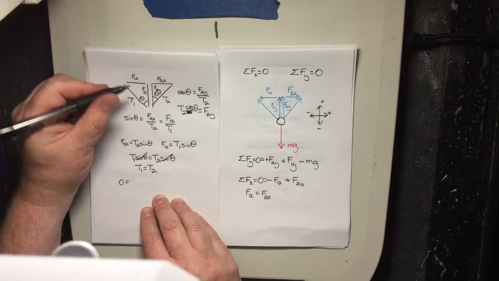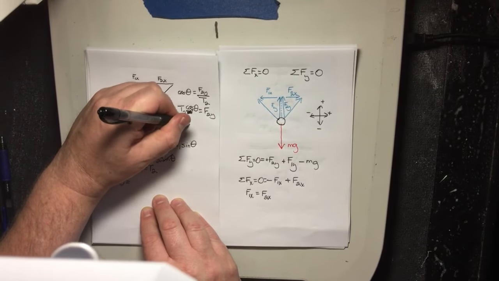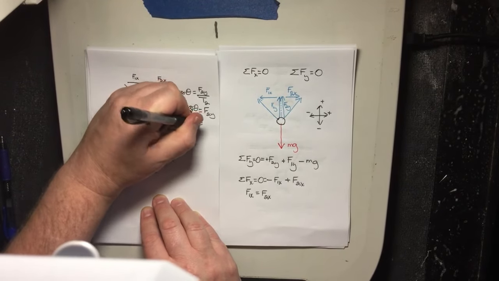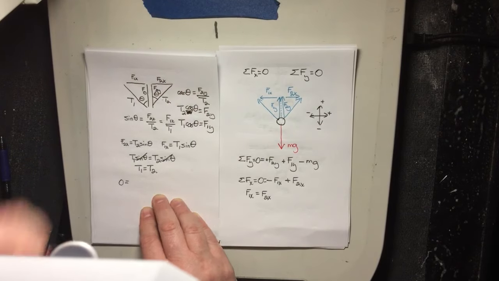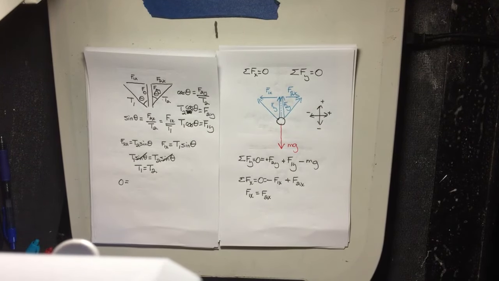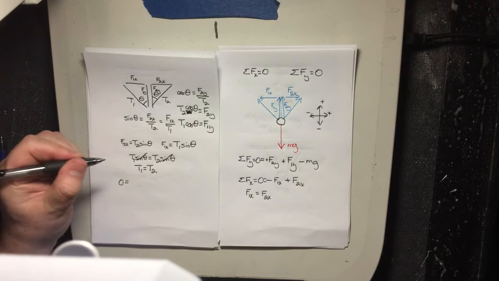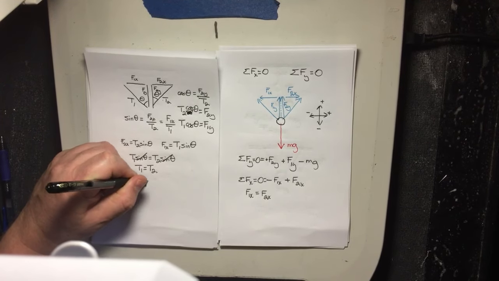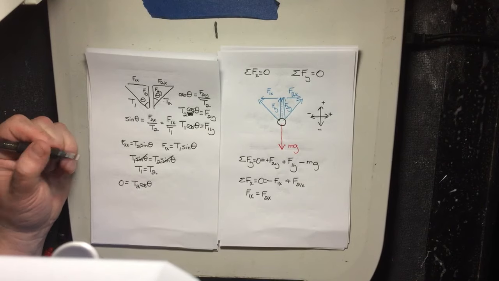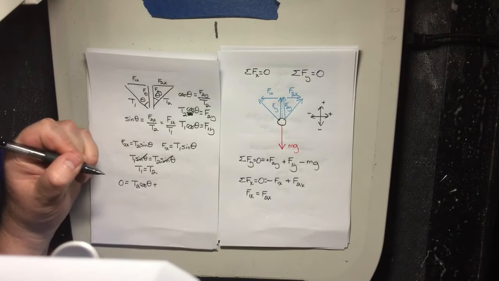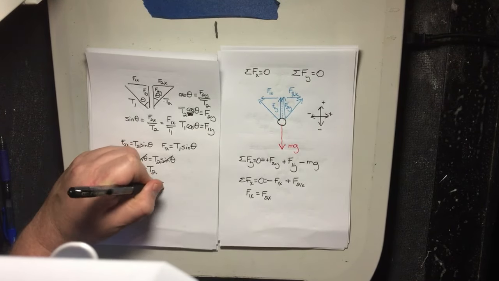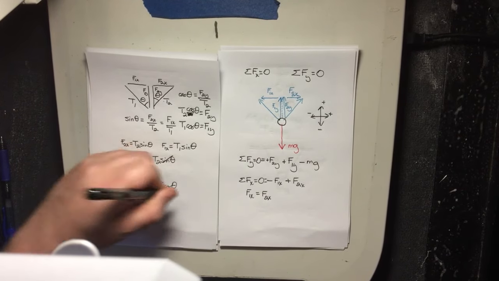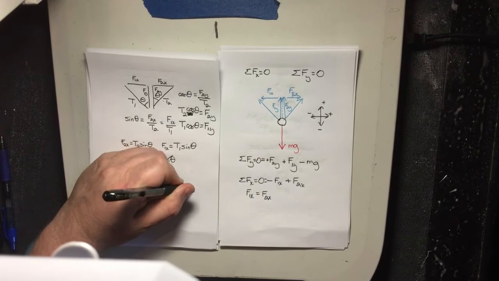And you could do the same thing and say T1 cosine theta is equal to F1y, using the same rules of trigonometry that we used before. So 0 is equal to F2y, T2 cosine theta, plus F1y, T1 cosine theta, minus mg.